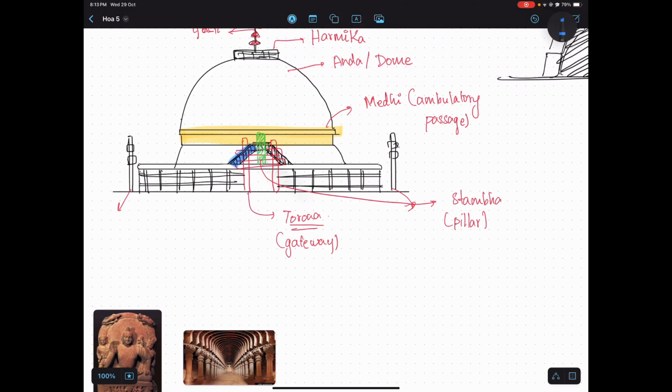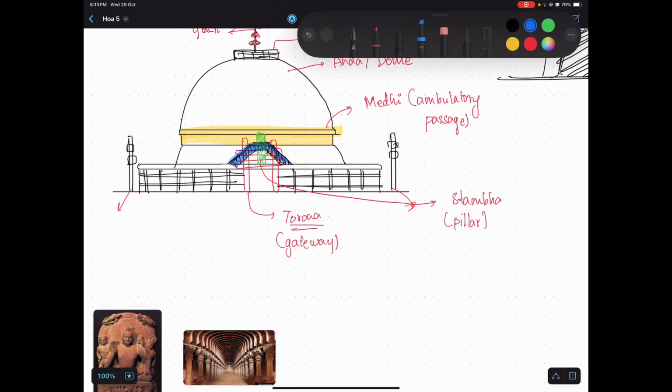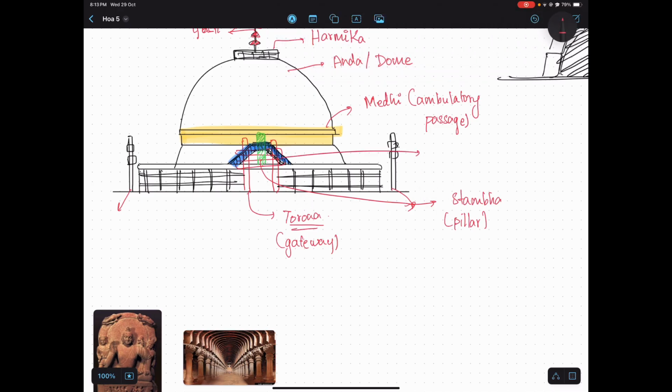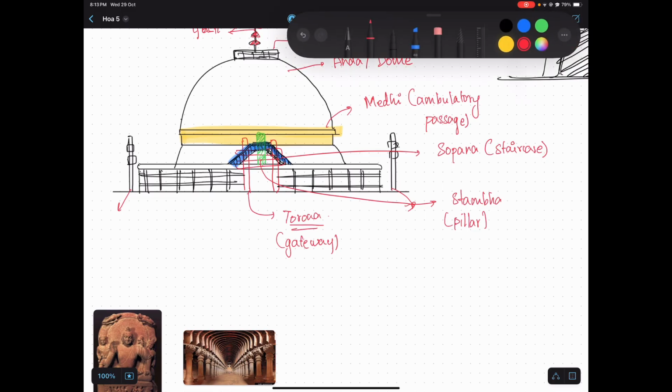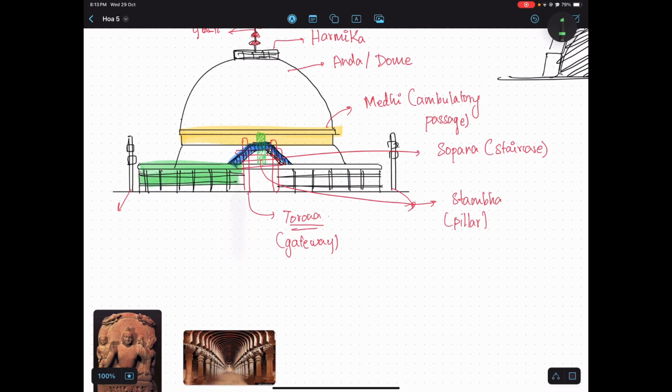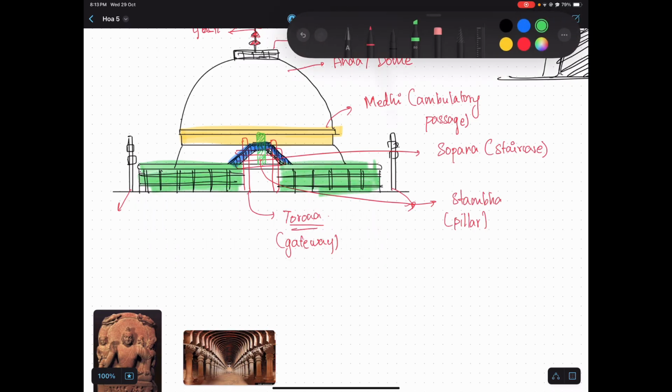Then these are the staircases that lead to the medhi or the ambulatory passage, and the staircases are called sopana. And the entire railing is called vedika.